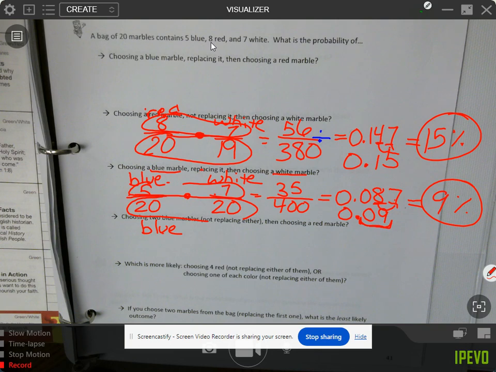So we choose a blue marble, then we choose another blue marble, then we choose a red marble. We have to be careful that we're listing every event that's happening. So I am actually drawing from my bag 3 times. Picking a blue, then I reach back in, I pick another blue, then I reach back in and pick the red.